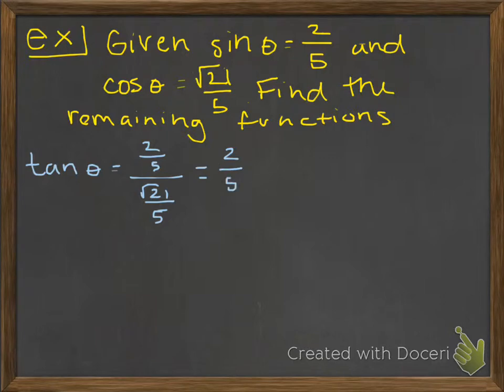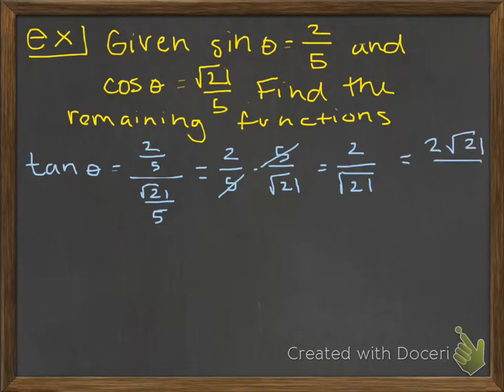So I have 2 over 5 times 5 over root 21. Notice I have a 5 in the top and the bottom, so they're going to cancel. So now I'm at 2 over root 21. And now we rationalize, and by now you should know that shortcut that the square root essentially moves up and drops in the bottom. So 2 root 21 over 21 is our tangent value.